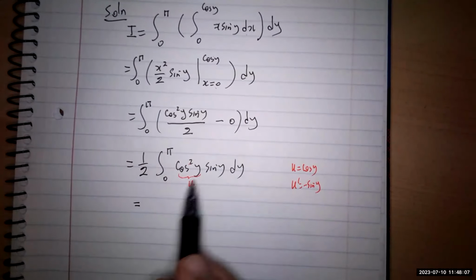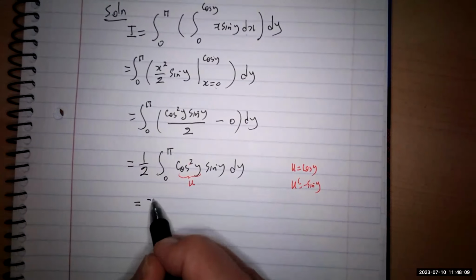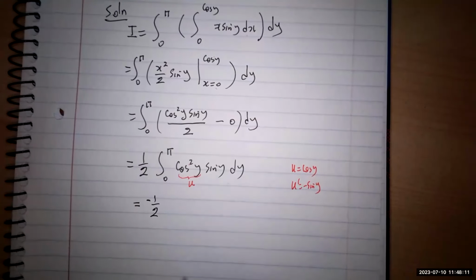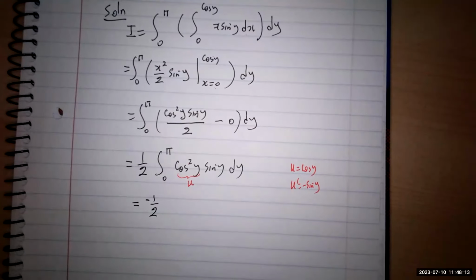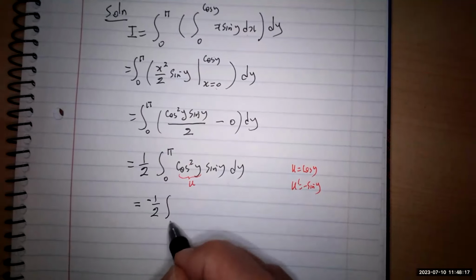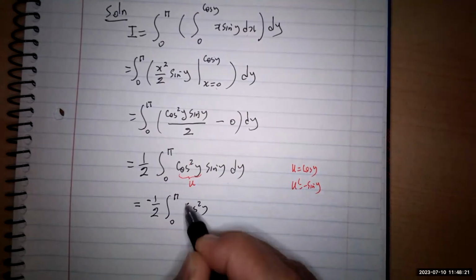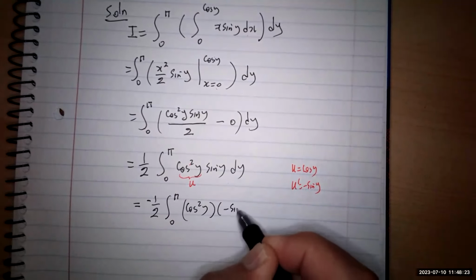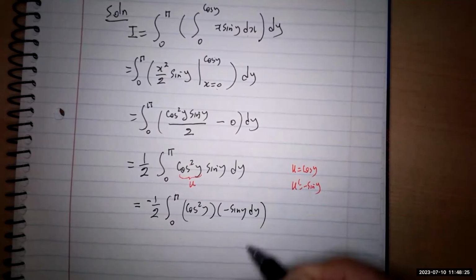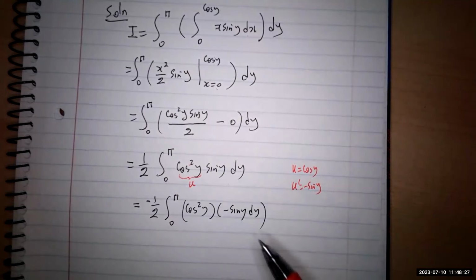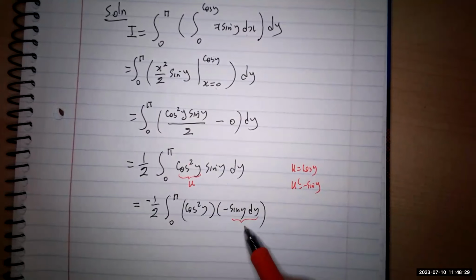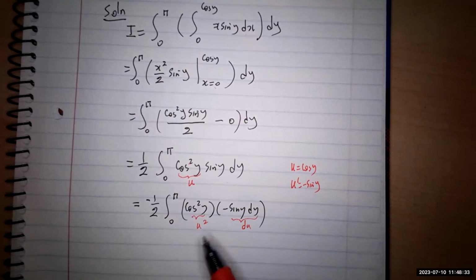So you can create that negative sign by dividing outside and multiplying the inside by a negative sign. So it's going to be negative 1/2, 0 to pi, that's the way I do it, cosine squared of y, so I have a negative sine y dy. And this is your du, and this is going to be your u squared, if you like.